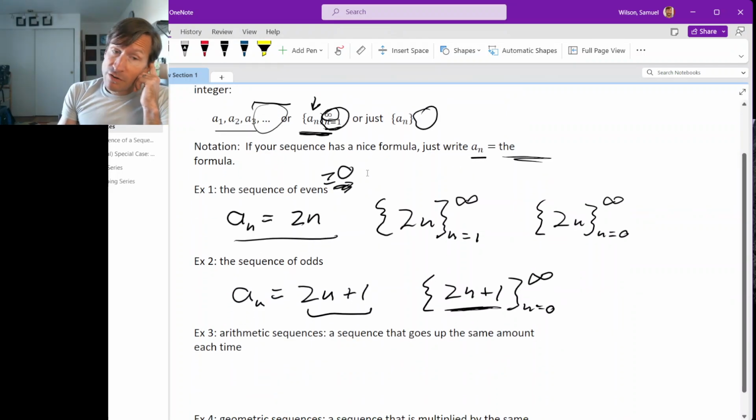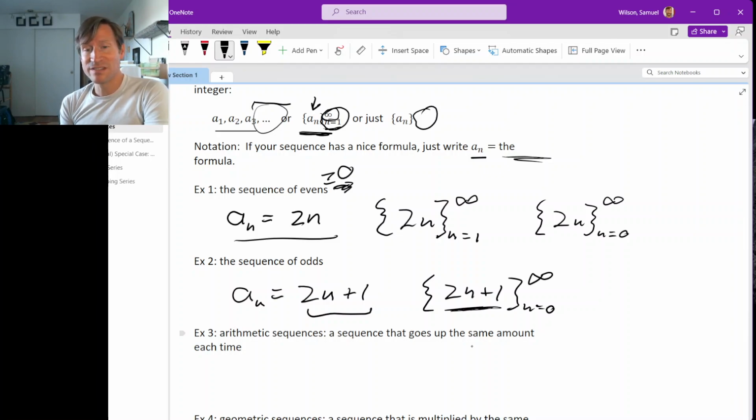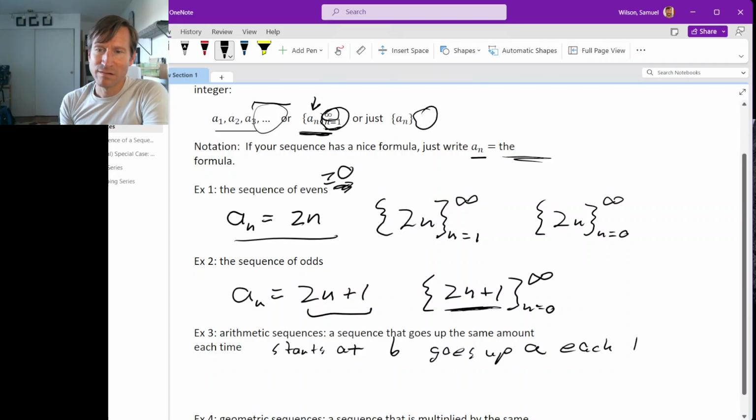Another example of a common sequence is an arithmetic sequence. An arithmetic sequence is a sequence that goes up the same amount each time. So let's write down a sequence that starts at a value b and goes up a each time. Let's list the first few values. The first value is going to be b.